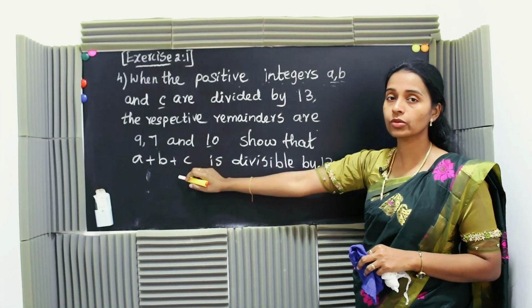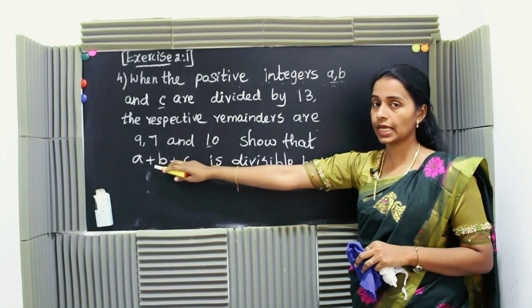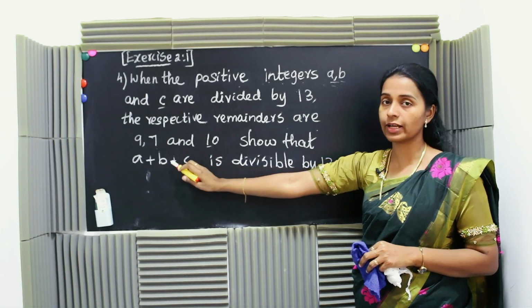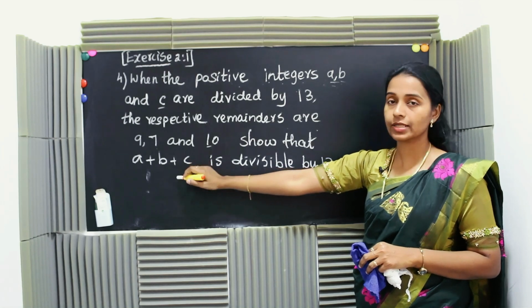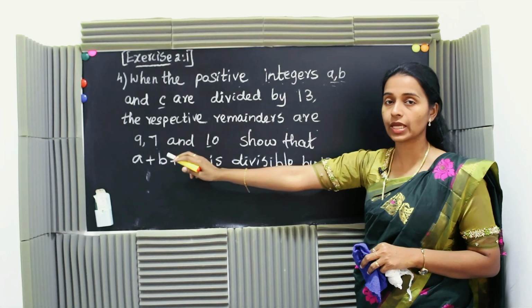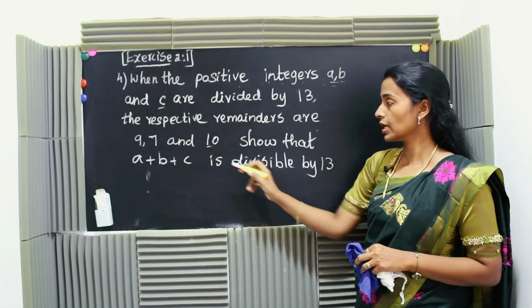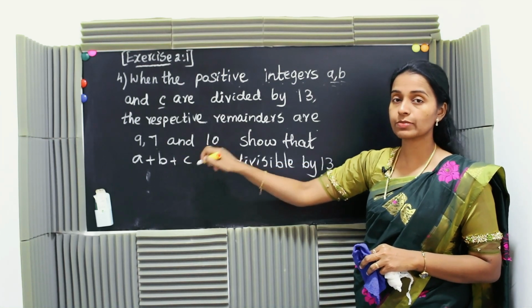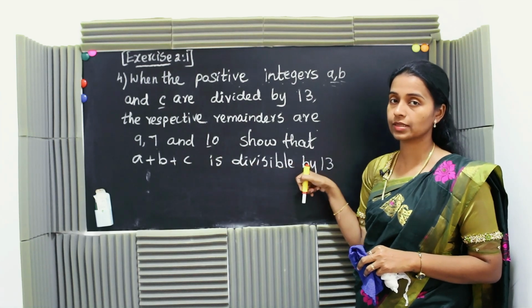So we have to find the value of A, the value of B and C, and finally add the three of them, A plus B plus C, and show that it is divisible by 13.